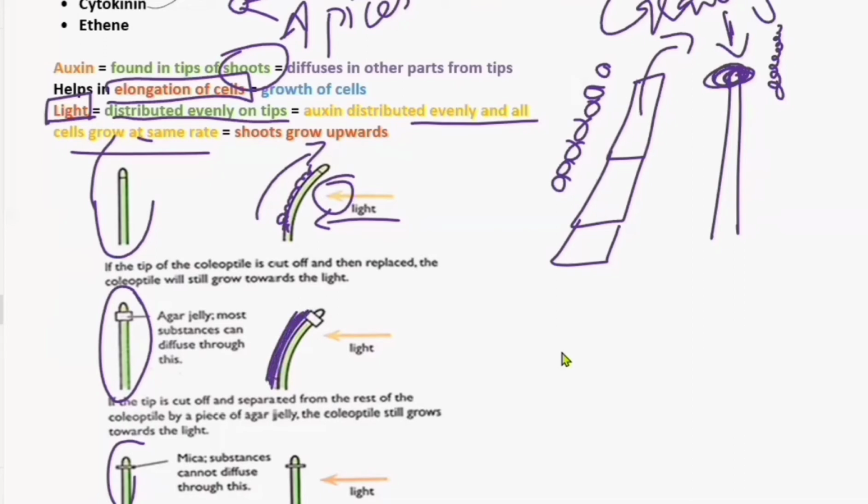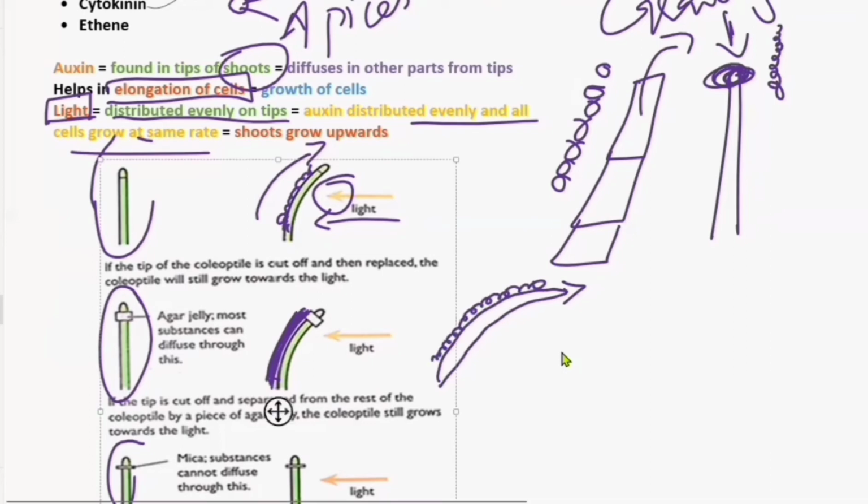More cells will elongate or divide. This will result in bending of the shoot towards light. The reason is that auxin is concentrated at the end opposite to the light, which results in the elongation of the cells. Clear?